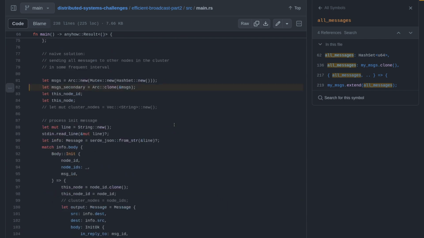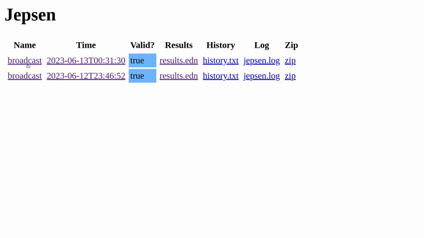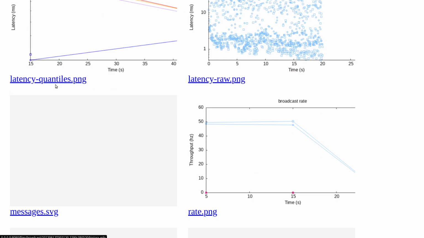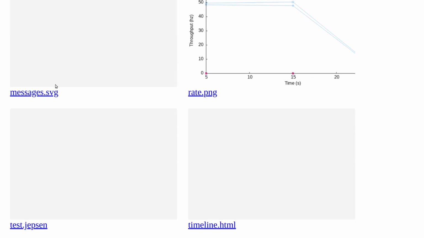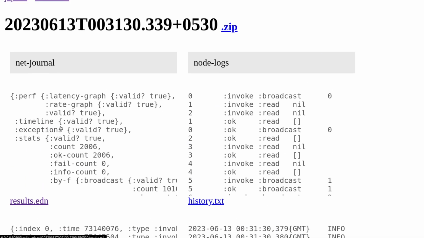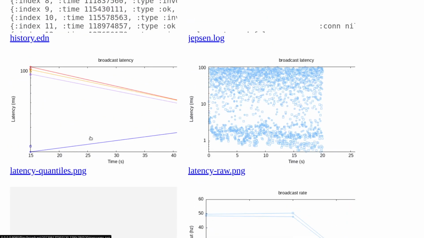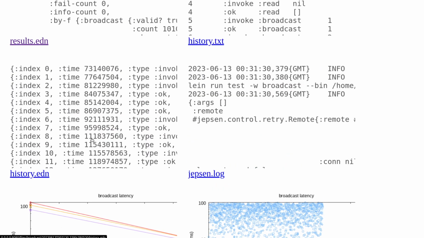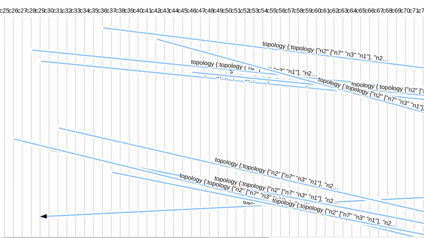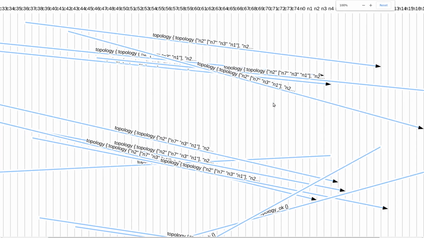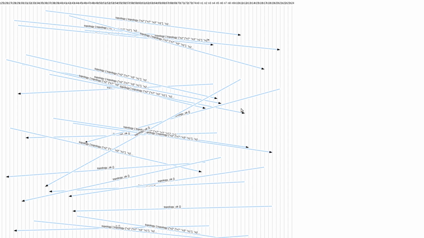Okay, so that's it for the implementation. Let's also go through the results. I've run this already. I will show the results, then messages and logs. This is a little messy because the number of nodes is very large.